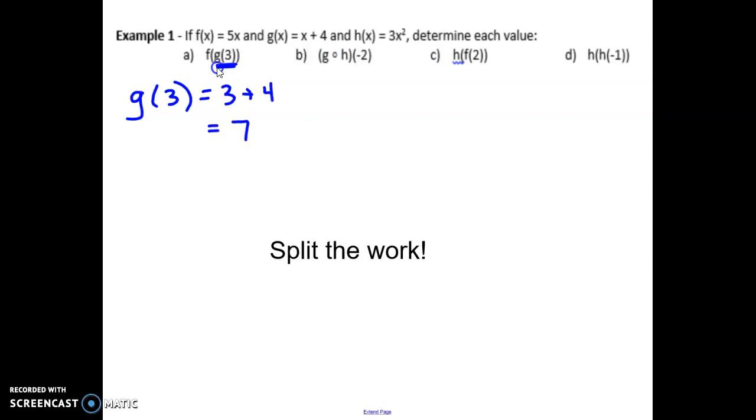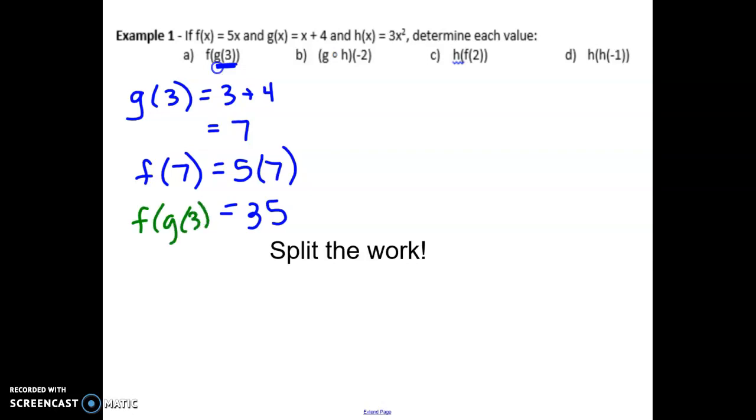Now, we're going to take that 7 and plug it into our f equation, because f is the outer function. When I plug 7 into the f equation, we get 5 times 7, which equals 35. So my answer for f of g of 3 equals 35.